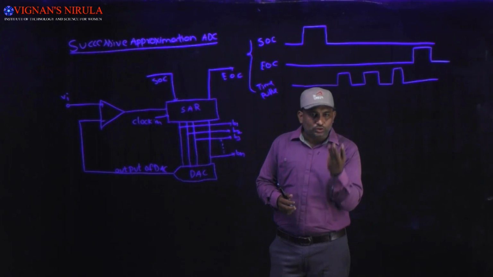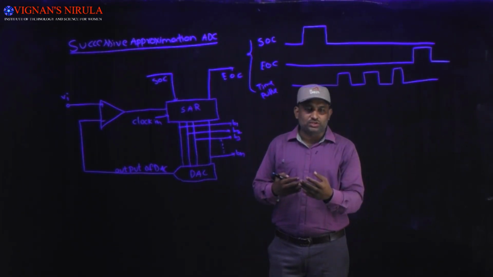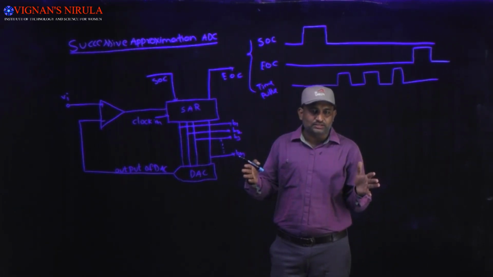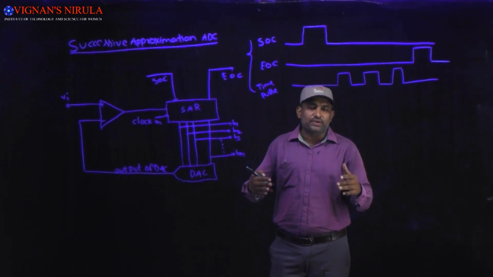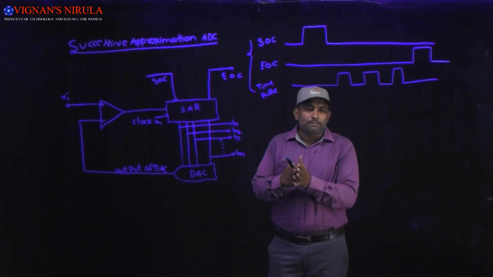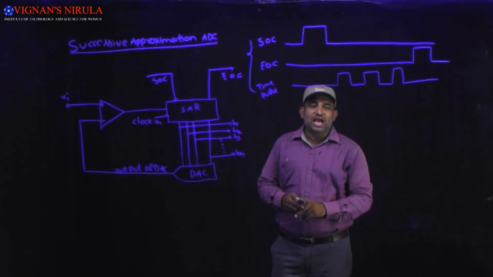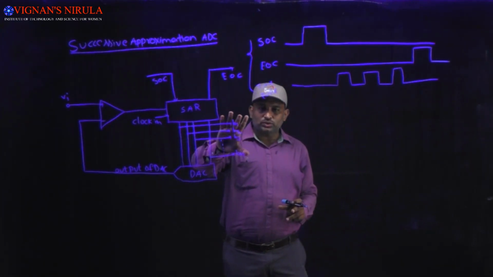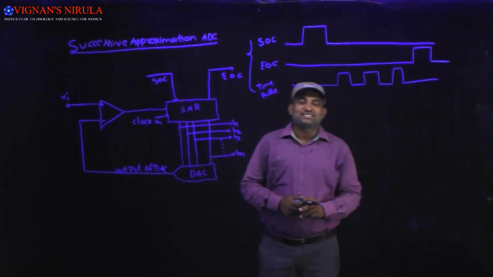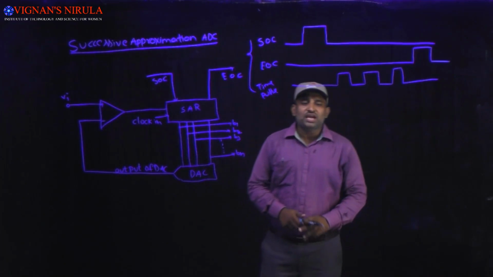If I consider a 3-bit value, this process operates for 3 clock pulses. If I consider 10-bit values, then this operation continues for 10 clock cycles. After the completion of that time period, the EOC signal is activated, and we collect the digital output at the output of the SAR, which is the successive approximation ADC output.